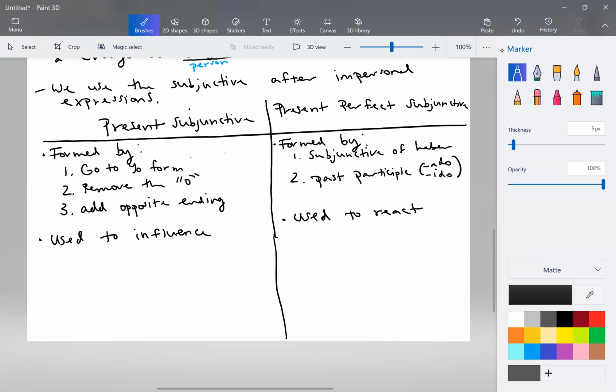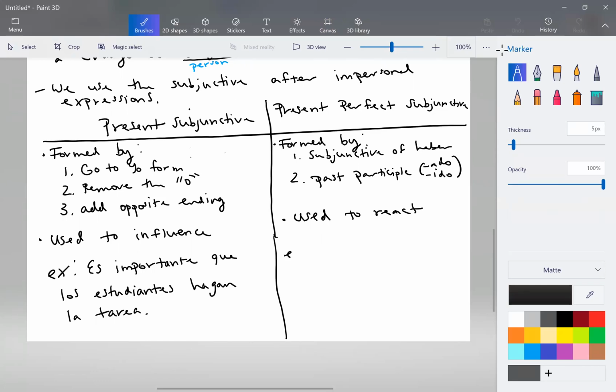Okay, so when I say that, I mean like: Es importante que los estudiantes hagan la tarea.